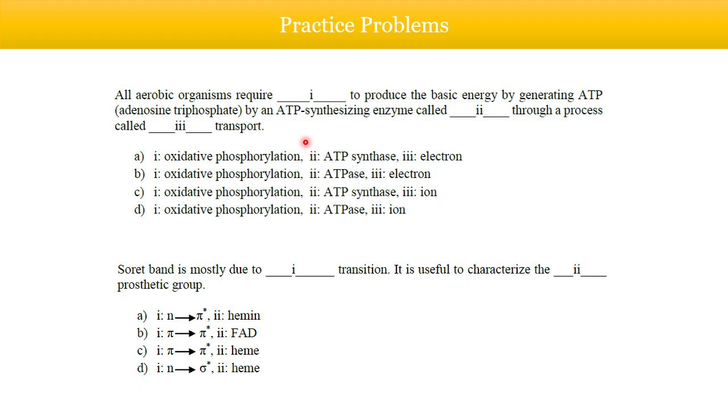The process is called electron transport, sir. Right. So it's electron transport. Very good. So that is option A: oxidative phosphorylation to produce ATP by ATP synthase through electron transport.